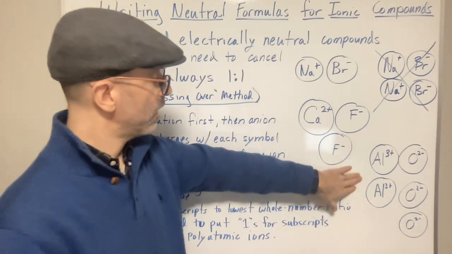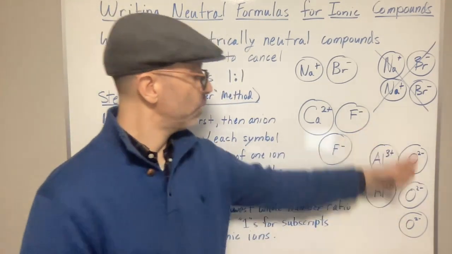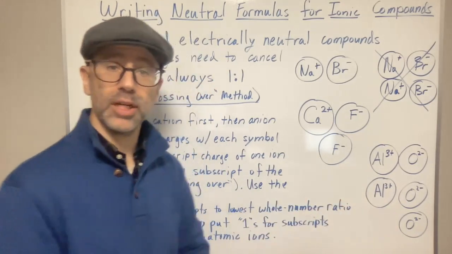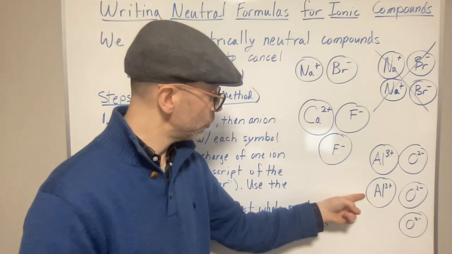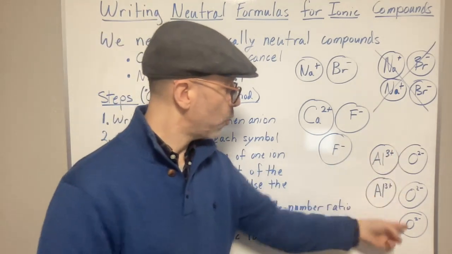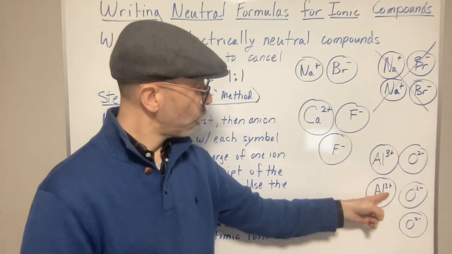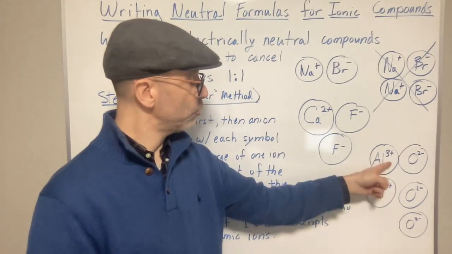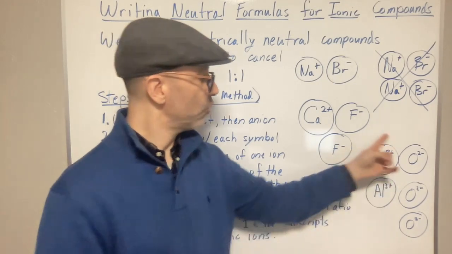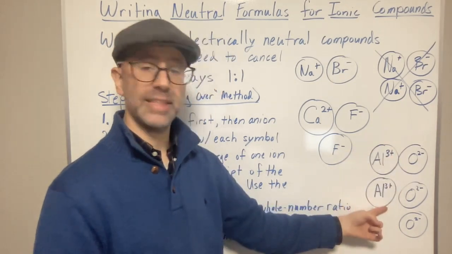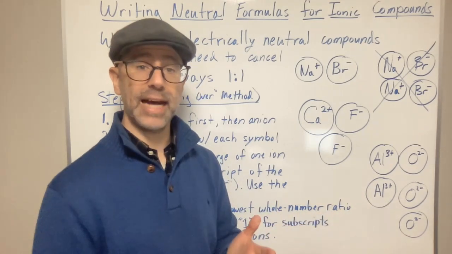And so again, you have also aluminum and you have oxide. So aluminum oxide, the formula for aluminum oxide is going to be Al2O3. Why? Because in order to balance the charge, you'll notice you need 2 aluminums. Each aluminum has a 3+ charge, and so the overall positive charge is a +6. So you're going to need a -6 to balance that charge.